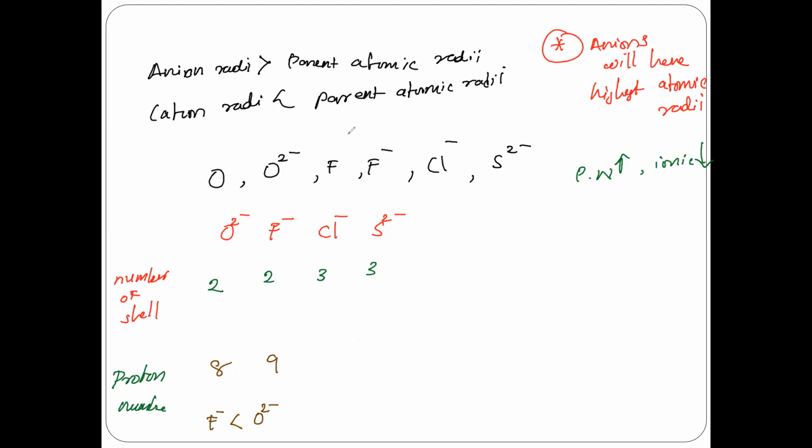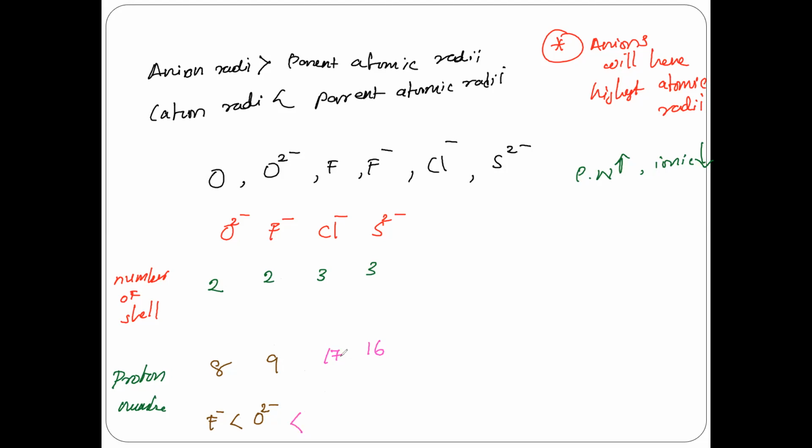Okay, when you take chlorine and sulfide, again that is 3, 3. Let's write the proton numbers. Your chlorine is 17, your sulfur is 16. Again, as the proton number increases, the ionic radii will decrease. And as the number of shells increases, the ionic radii increases.